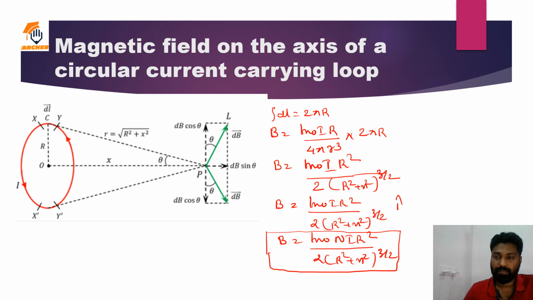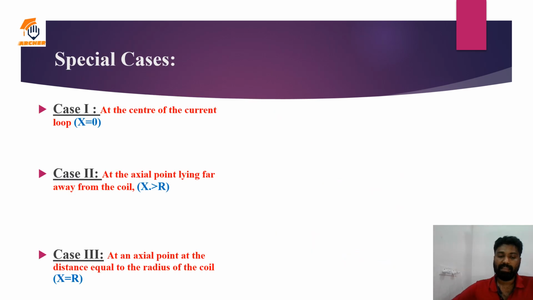Okay, so here we have some special cases. First case is at the center of the current loop, that is the distance x is equal to 0 at the center of the current loop.